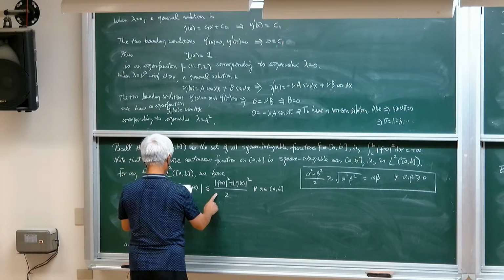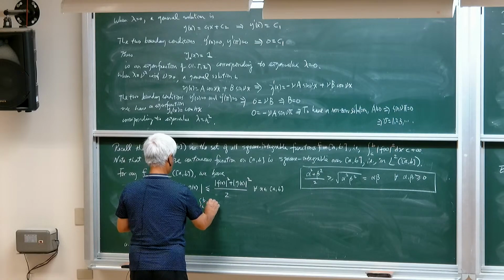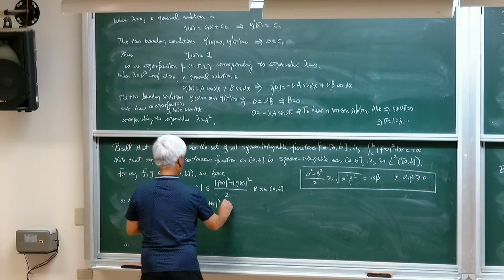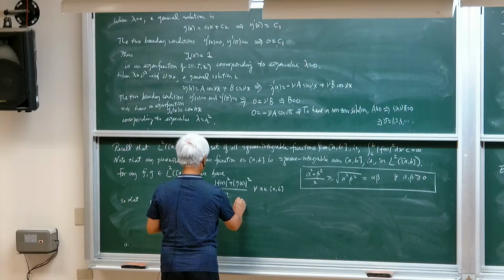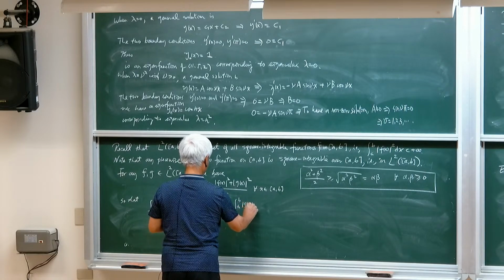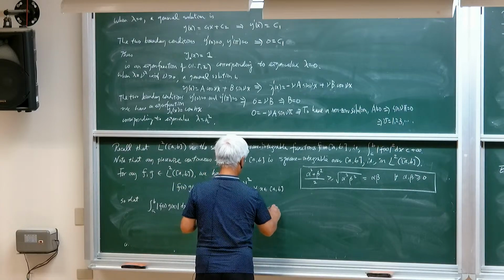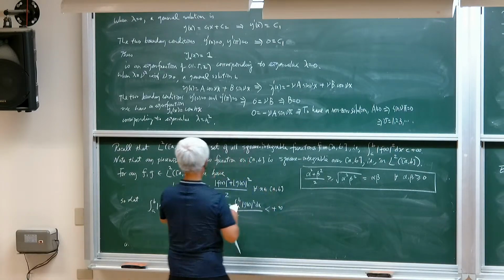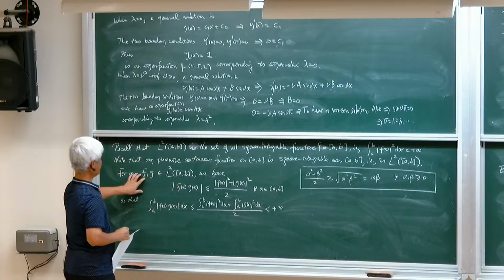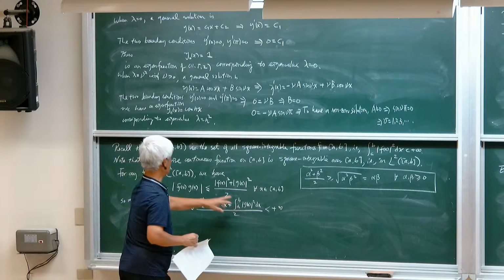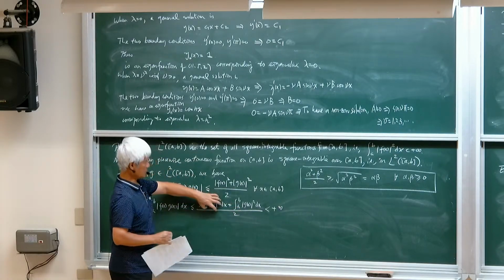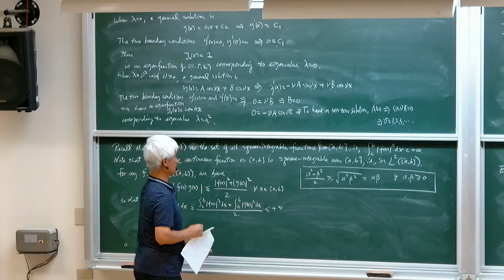Alright, so you see here, this is less than or equal to the sum divided by 2, which is finite because f is in L2, g is also in L2, so this integral is finite, this integral is finite.